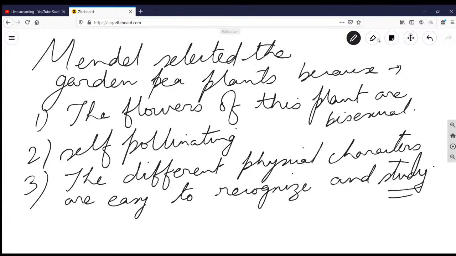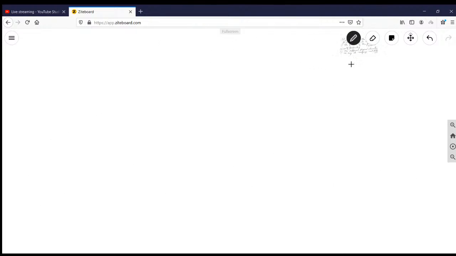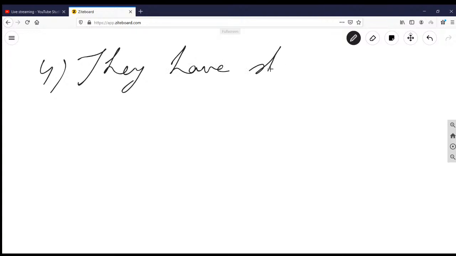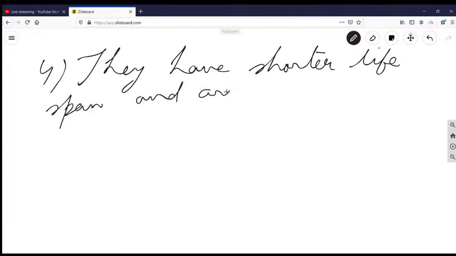Then one more point was they have a very short lifespan, which will be time adequate, and also they are very easy to maintain, which means they are economically feasible.